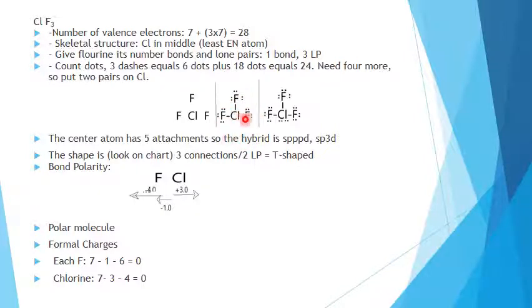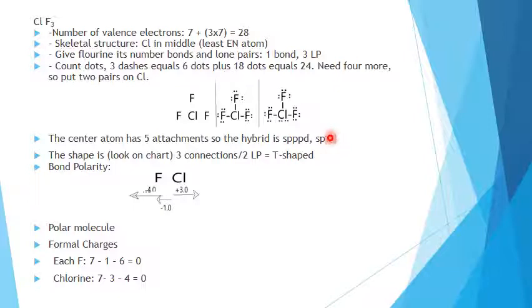So 8 plus 8 plus 8 is 24. So we're missing 4 electrons, so we put those in the middle. So the chlorine has two lone pairs in the middle. Now, it says the center atom has 5 attachments. Okay, so that means it's going to have a hybrid of sp3d.